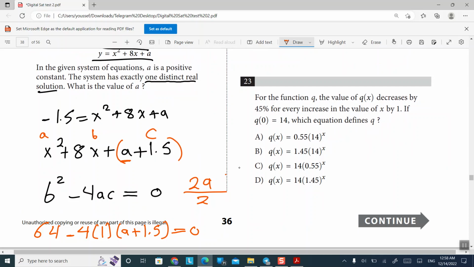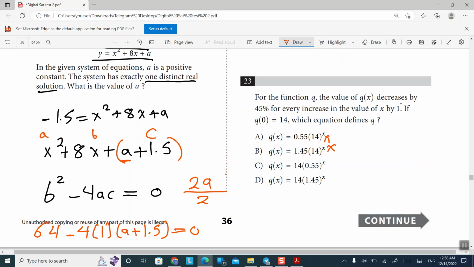For the function q, the value of q(x) decreases by 45% for every increase in the value of x by 1. If q(0) is 14, which equation defines q? Since he gave us the condition q(0) equals 14, we can eliminate both A and B. Left with C and D, how can we determine which one is correct?